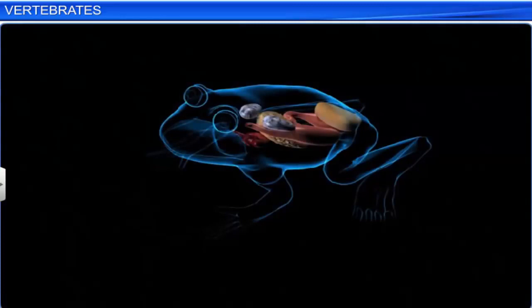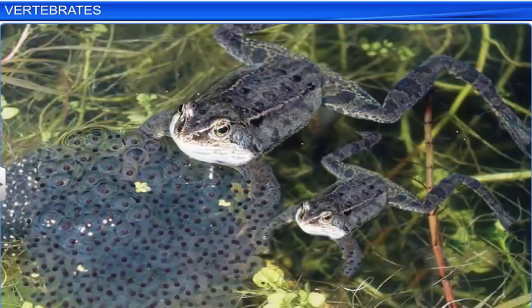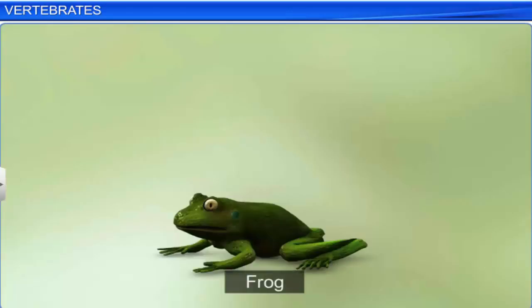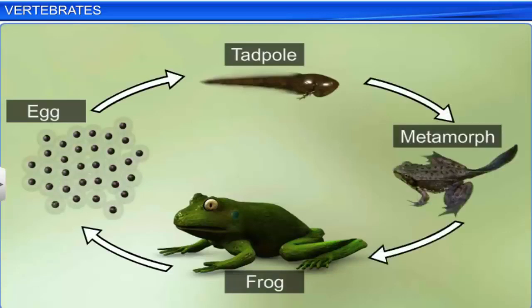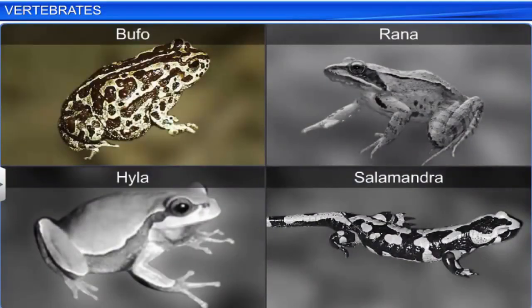These animals are cold-blooded with a 3-chambered heart. In amphibians, the sexes are separate and fertilization is external. They are oviparous and exhibit direct or indirect development. Bufo, rana, hyla, and salamandra are common examples of this class.